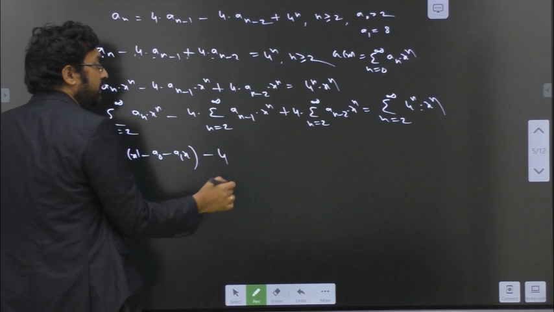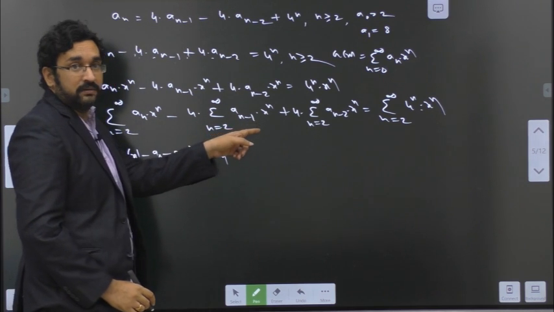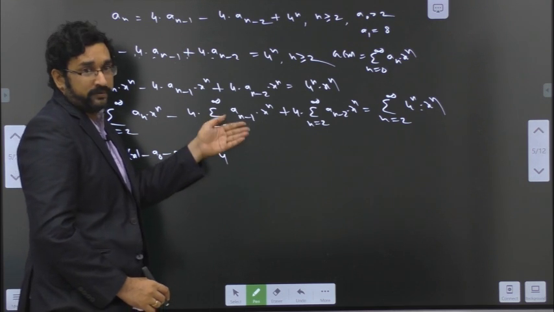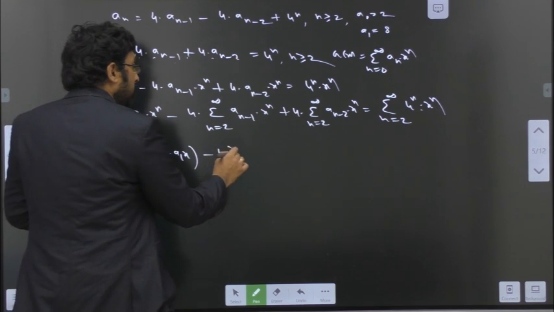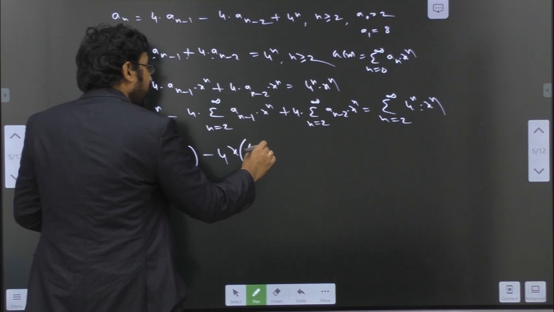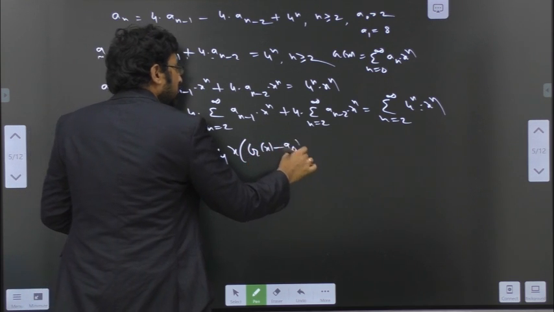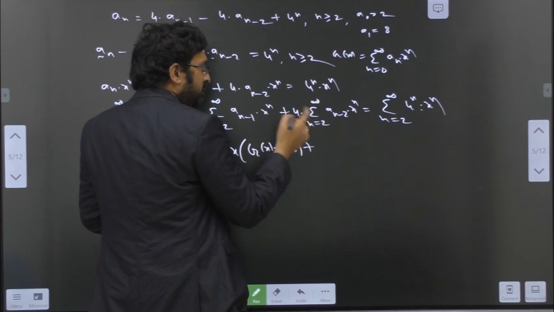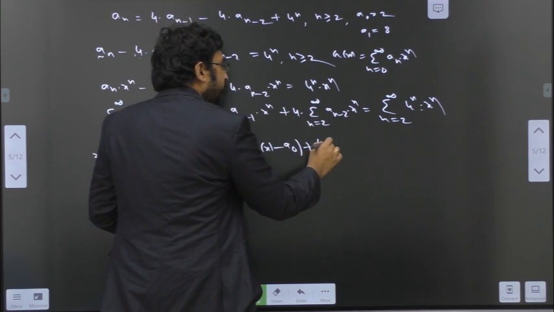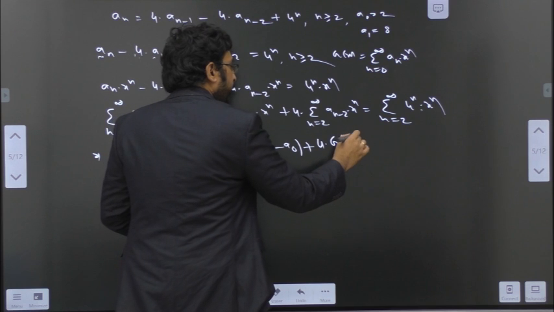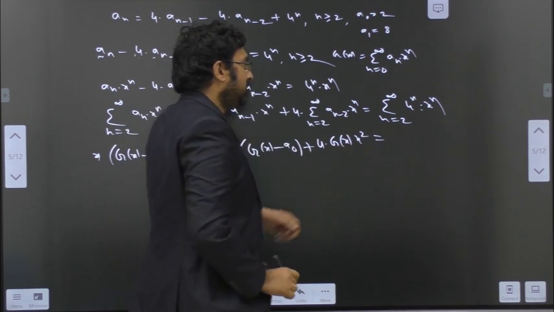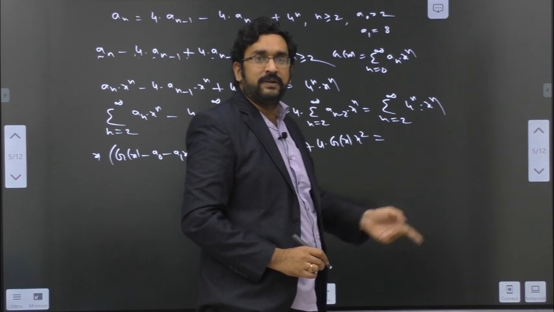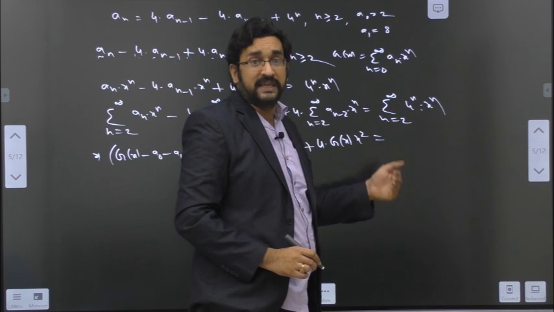minus 4 into, here difference is 1. So first term should be subtracted followed by x power 1. So 4 into x into g of x minus a0 plus, here both terms are equal, so the given term should be written as it is followed by x square equal, here normally sigma n equal to 0 to infinity a power n x power n formula we are having 1 by 1 minus ax.